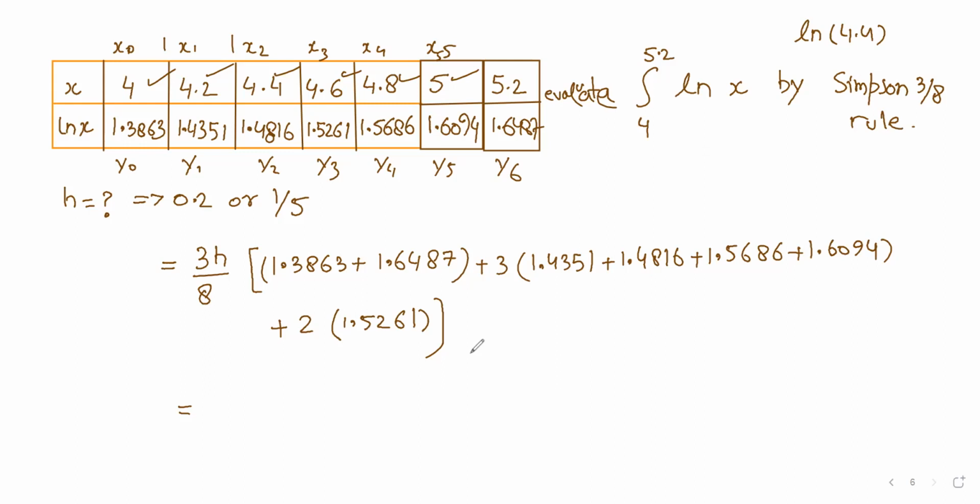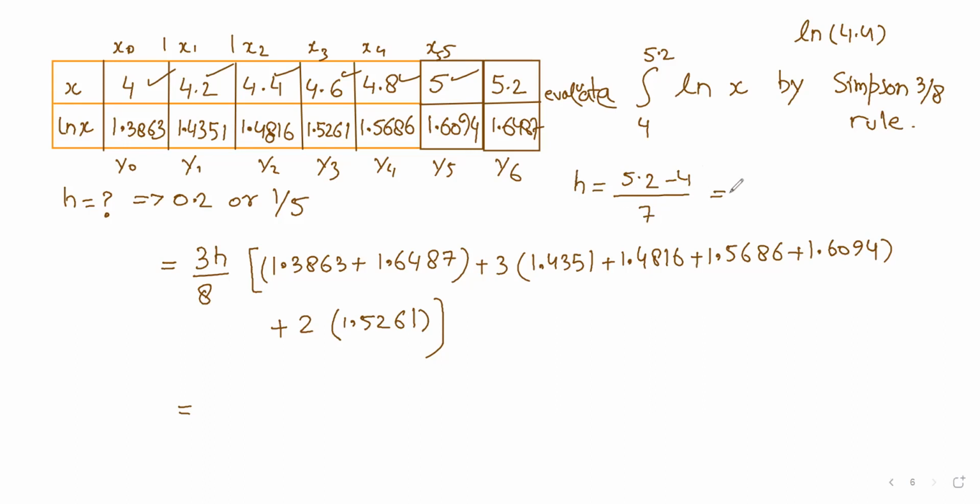The range is 4 to 5.2, so h will be equal to 5.2 minus 4 divided by n, which is 7.